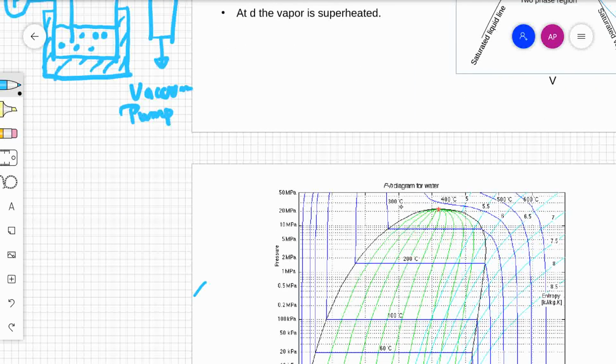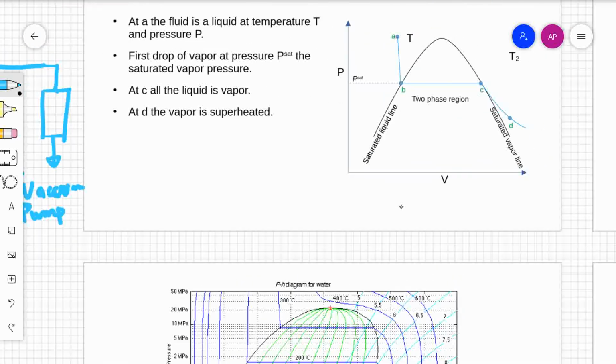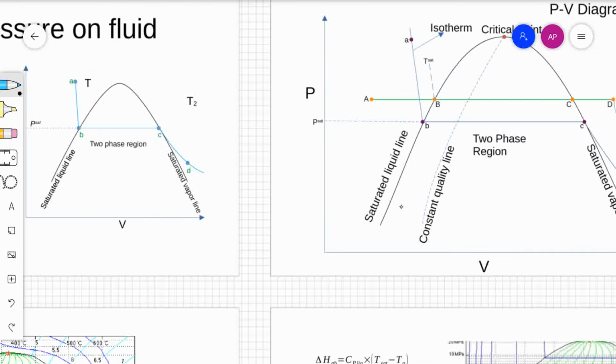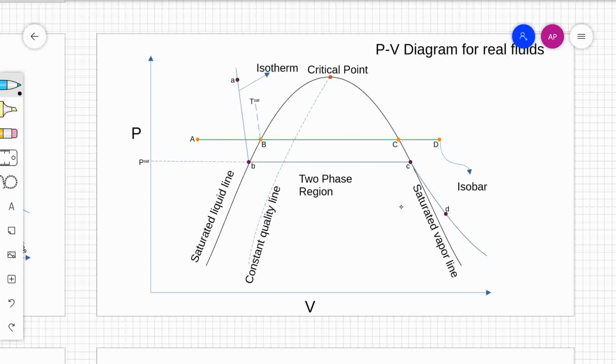Now, let's take all this, what we have learned, and learn the entire pressure volume diagram for the liquids. The pressure volume diagram for real fluids is on your screen now.